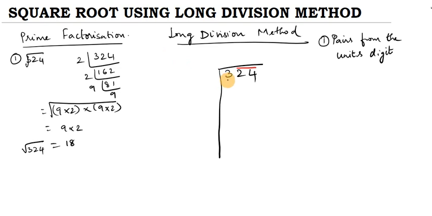So now look at the number 3. Look at the number 3 and then you will have to find out the square nearest to 3. So let me write down the squares here. So the squares will be, I am just writing it here.